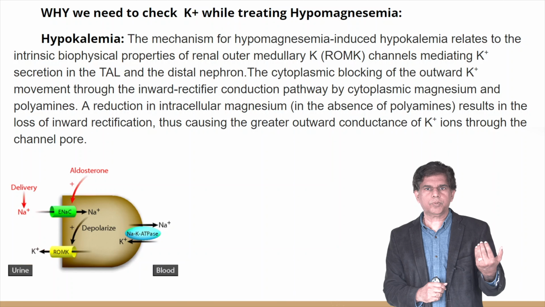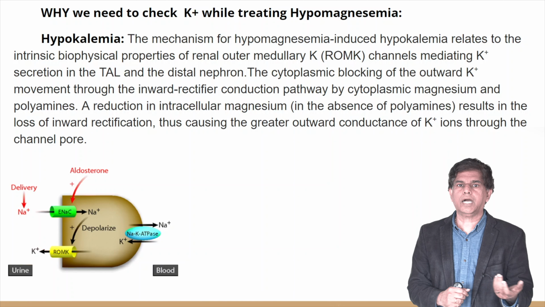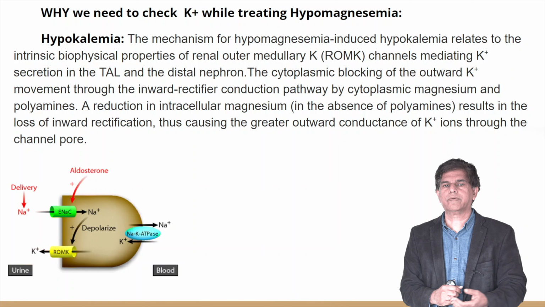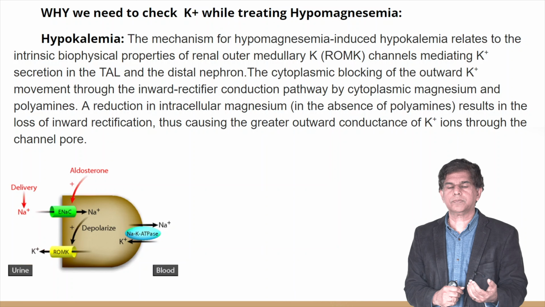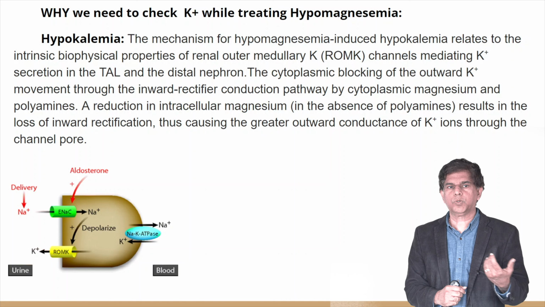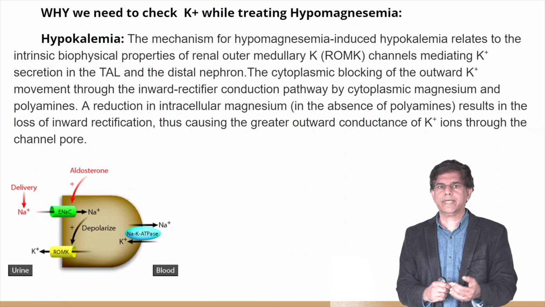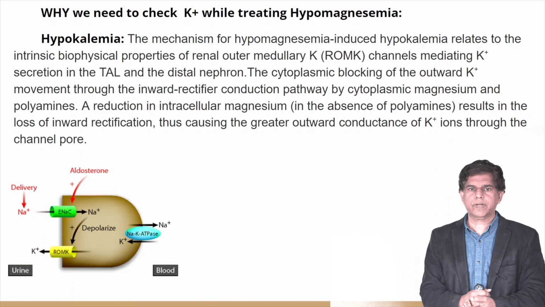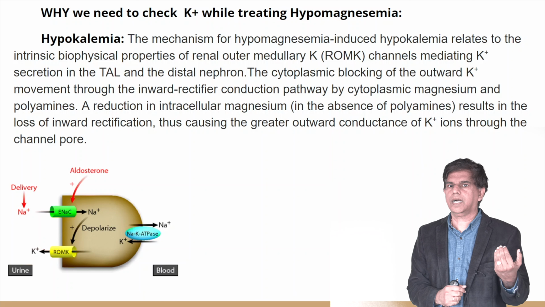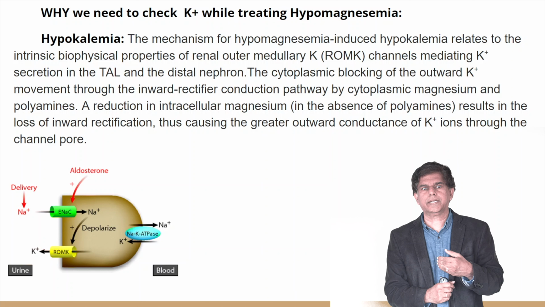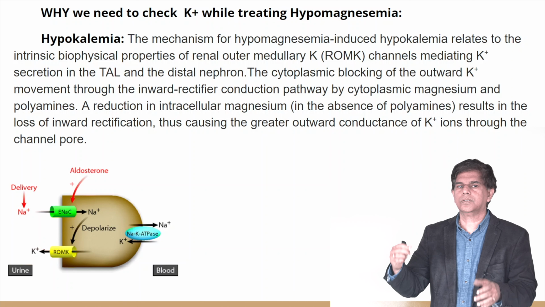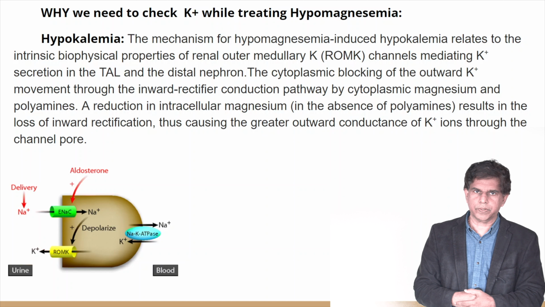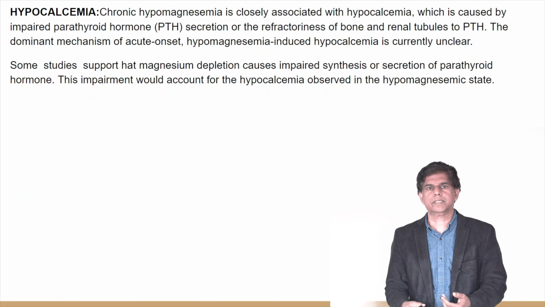Then you have cytoplasmic blocking of the outward potassium movement through the inward rectifier conductance pathway by cytoplasmic magnesium and polyamines. And a reduction in intracellular magnesium results in the loss of inward rectification, thus causing greater outward conductance of K plus ions through the channels. The bottom line, you're going to lose K through urine. So that is the main mechanism right here.